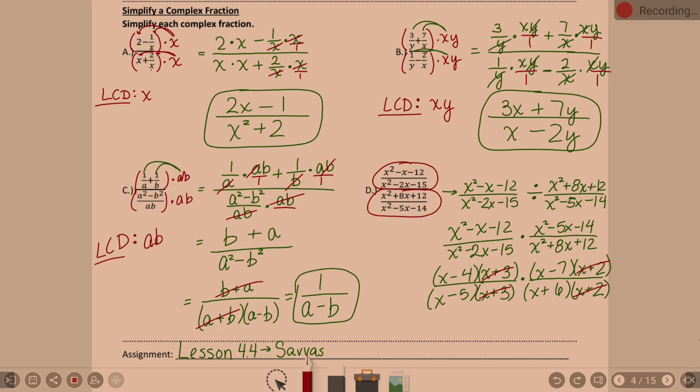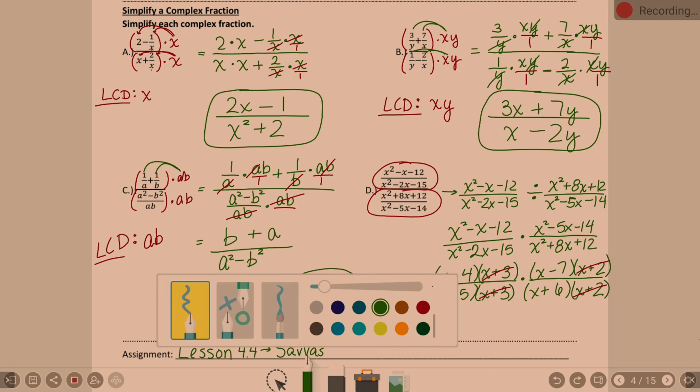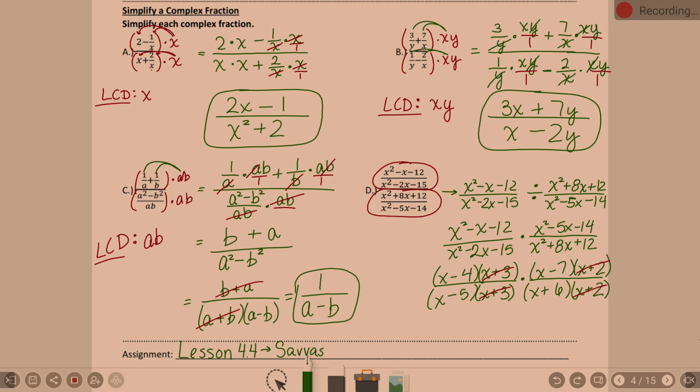But that's all we have. So, write out your final answer. X minus 4 and x minus 7 are still on top. On bottom is x minus 5 and x plus 6.